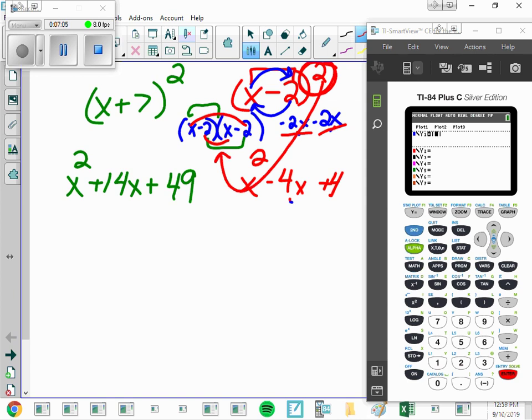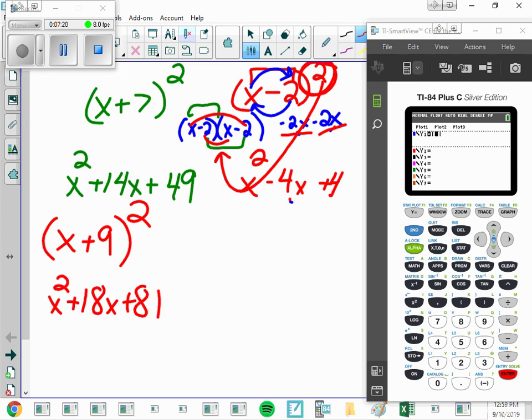Okay. What about x plus 9 squared? So x squared plus 18x plus 81. Everybody understand that? Okay. X minus 8 squared.